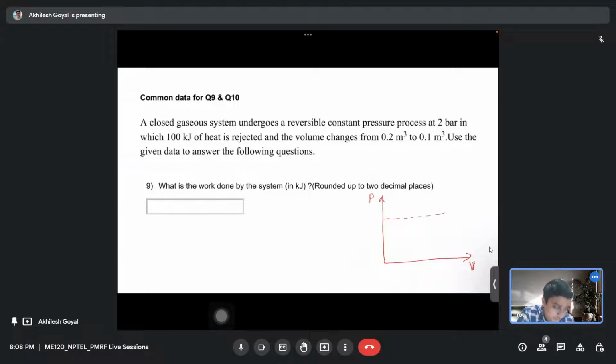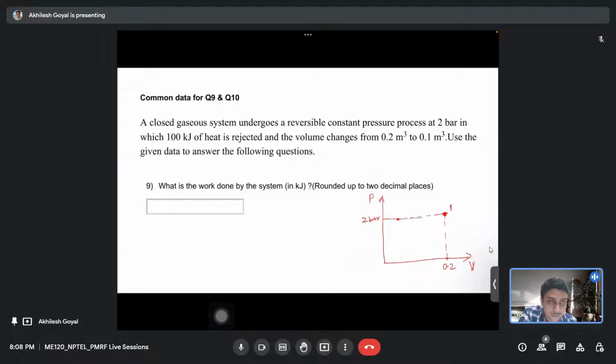This is P equal to 2 bar, that is constant pressure, and the initial volume is 0.2. So let's see, the initial point is this.